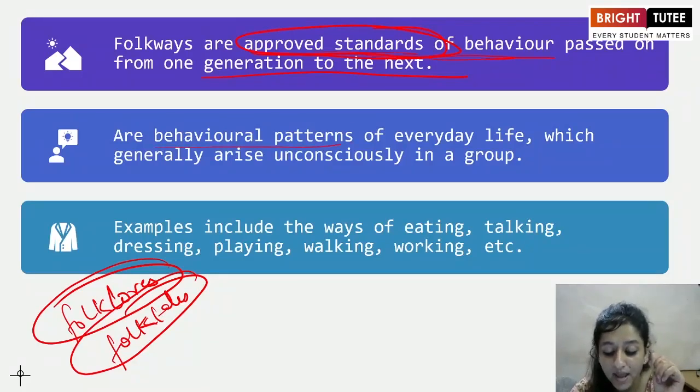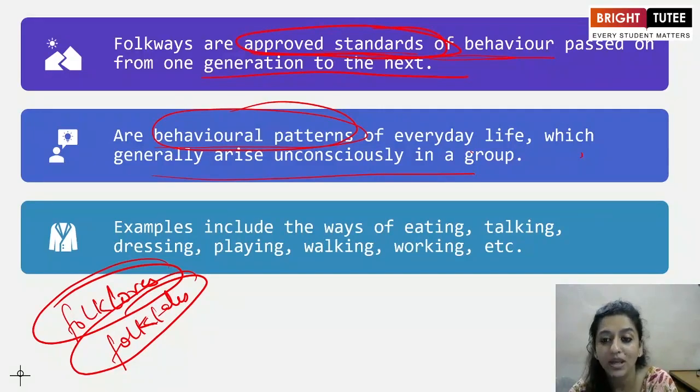These are behavioral patterns of everyday life which generally arise unconsciously in a group. It is something that a person keeps on seeing. It is something that gets absorbed in our mind, in our habits, in ourselves, and we tend to follow it from generation after generation.